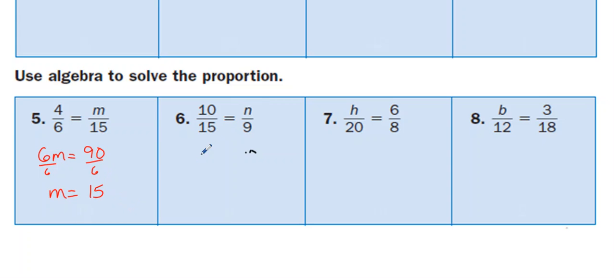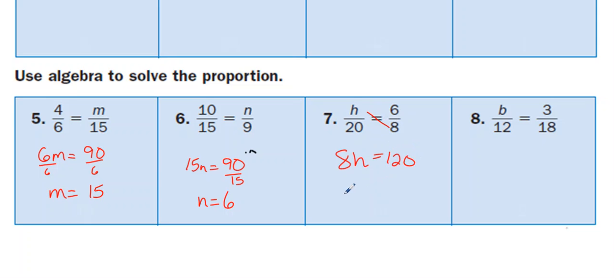Let's go to the next one. So this is 15n has to equal 90. I'm going to divide by 15, so n has to equal 6. Next, 8h, multiplying right here, 8h equals 120.